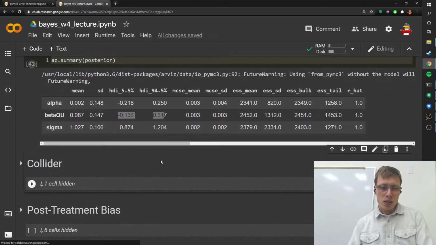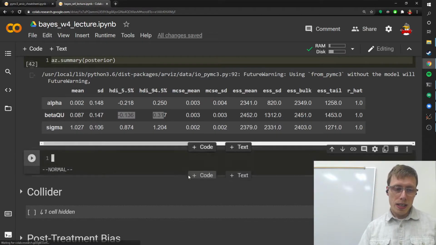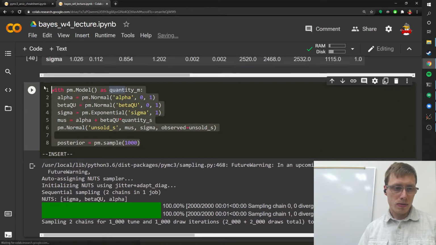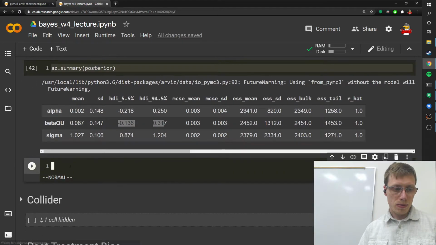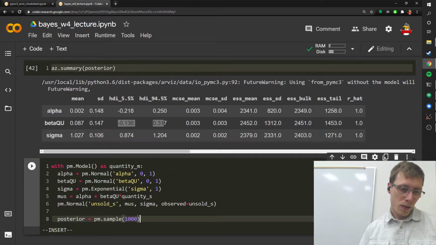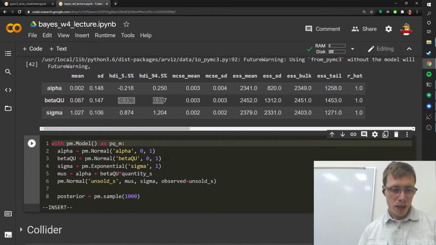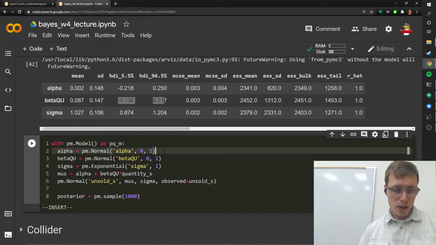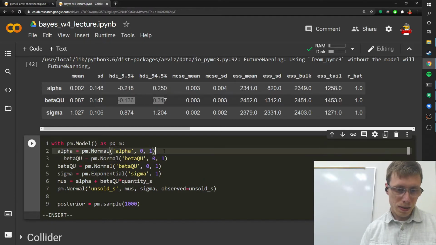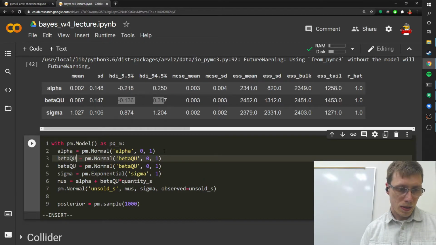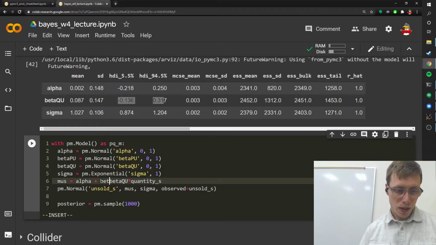All right. So now finally, let's throw them both in together and see what happens. This is what we've been waiting for, of course. I'll call this the PQ. And now we just need to have the beta PU in there, and then we just have to add in a beta PU times price plus that.